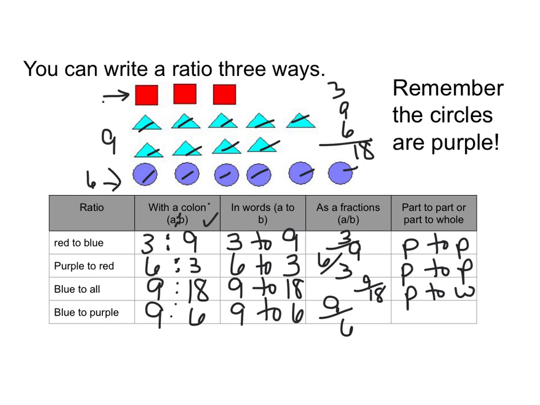I'm not saying 9 over 6 or 9 over 18 or 6 over 3. I'm saying 9 to 6. So make sure that your ratios are read differently. And because it's color to color, it's going to be part to part. This is how you write ratios 3 ways, and this is how you tell what type of comparison it is, part to part or part to whole.